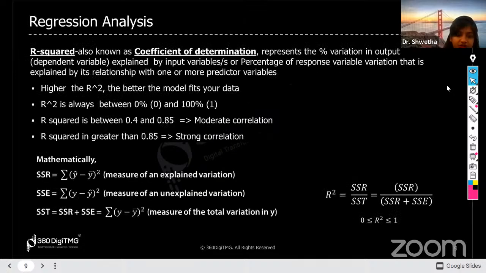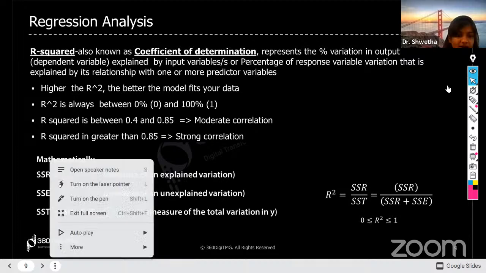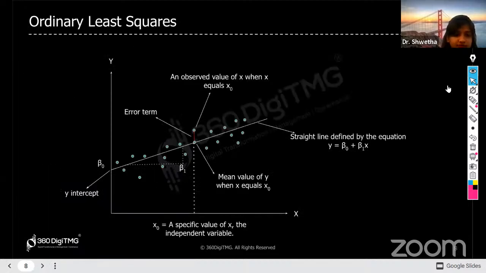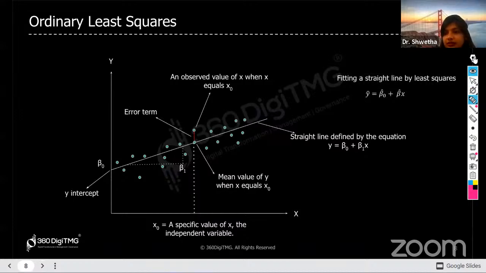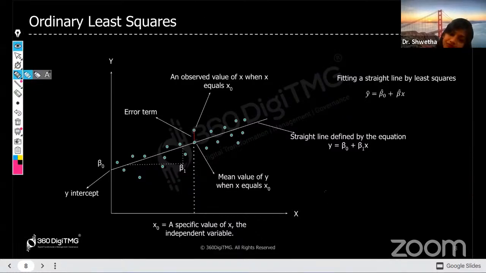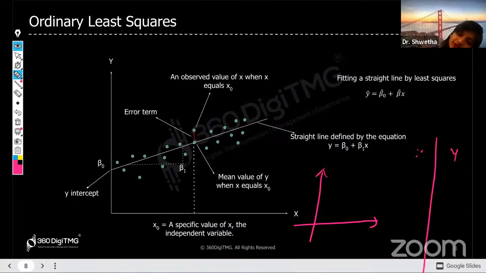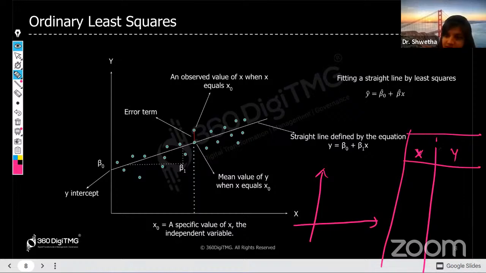Before going into the use case, let me summarize what we have learned until now. Firstly, think there are two variables, x and y. We want to find the relationship between x and y.